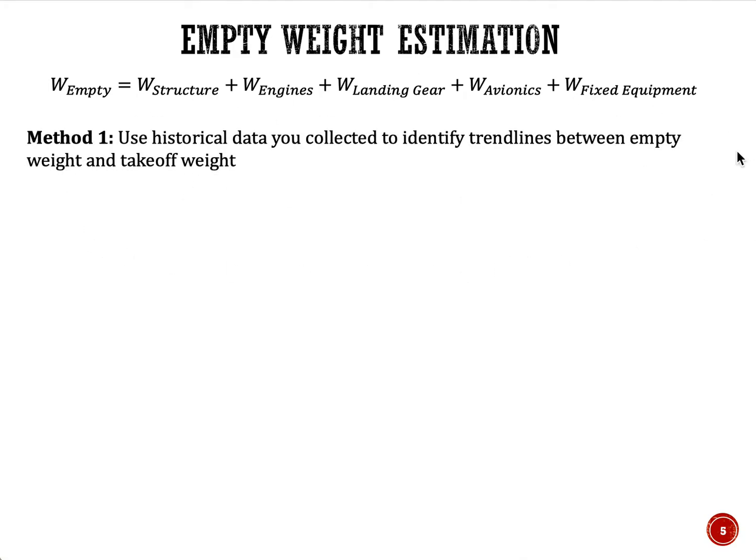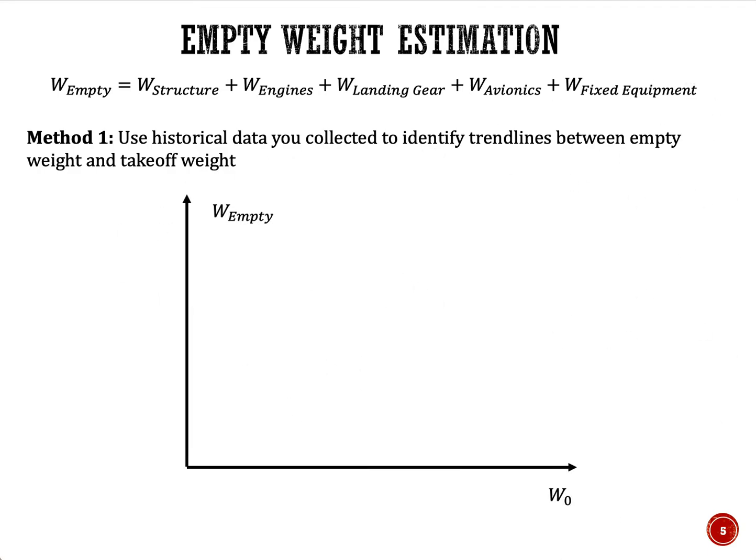Again, the first method that you can use to estimate empty weight is just from historical data, right? You can identify trend lines between the empty weight and the takeoff weight of the aircraft. So ultimately, what we're trying to get is some sort of function that you can use to estimate your empty weight as a function of takeoff weight of the aircraft, right?